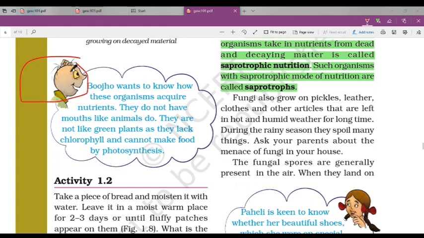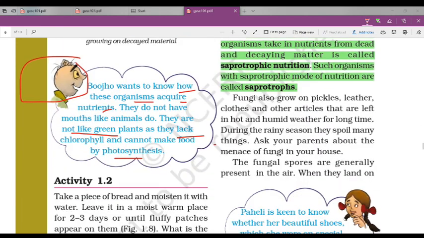Now Bojo has a question. Yes, Bojo, what is your question? Bojo wants to know how these organisms acquire nutrients. As I told you, these organisms acquire their nutrients from the dead and decaying organisms. Their structure is not green, so they are not green plants, as they lack chlorophyll and cannot make food by photosynthesis.